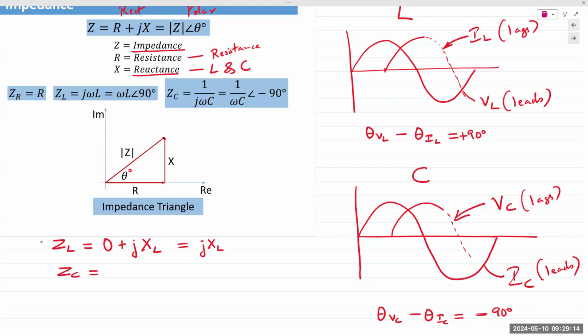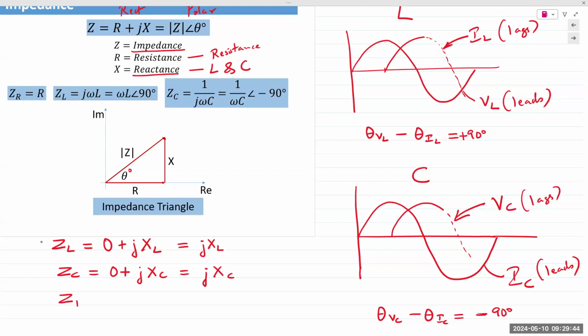Similarly for ZC, it is 0 plus, actually it's not plus, it's minus, and I'll explain why it's minus. For now, just leave it as plus. And then you can say it's JXC. So it's a complex quantity, JXL, JXC.